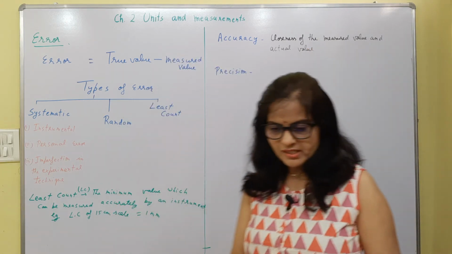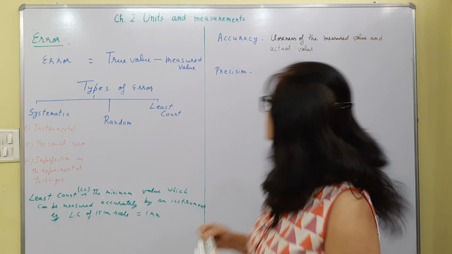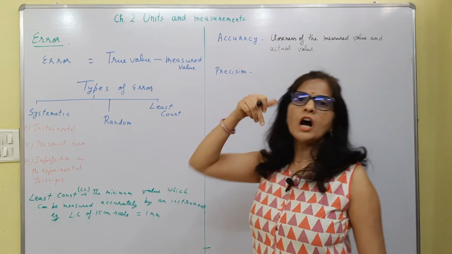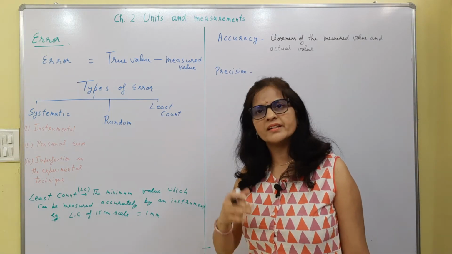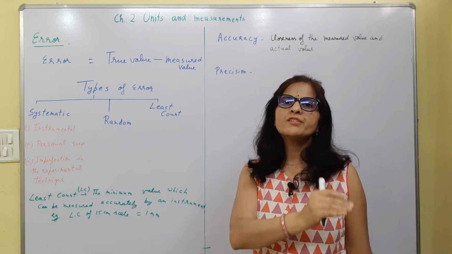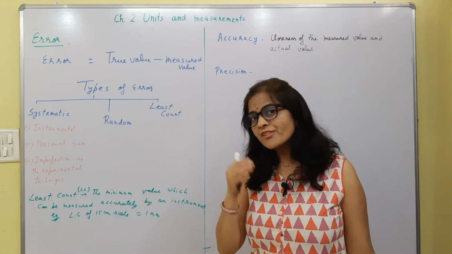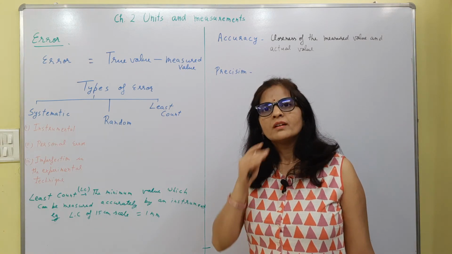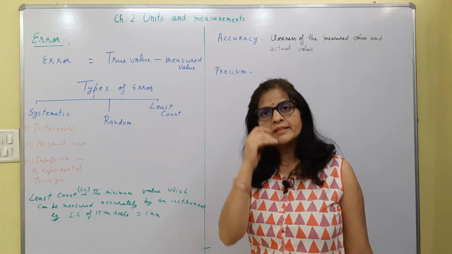Right? And precision means to how many decimal places the reading has been taken. There is another word for this, resolution: to what resolution the measured value is taken.